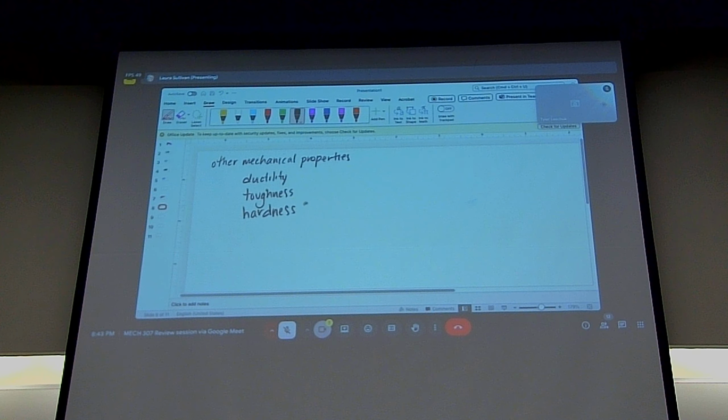And for hardness, we had the Brinell and the Rockwell scales.